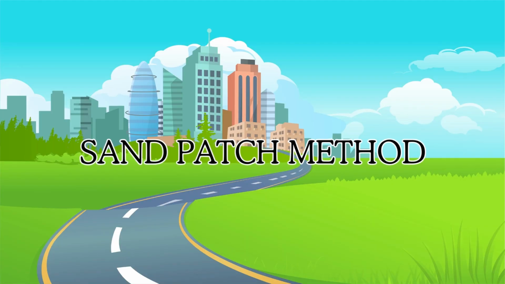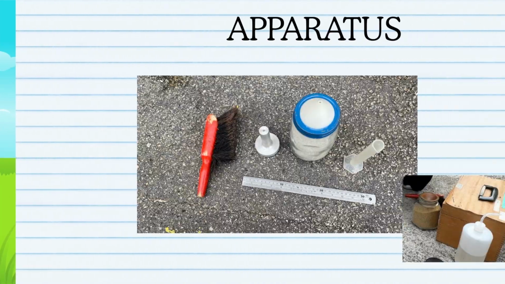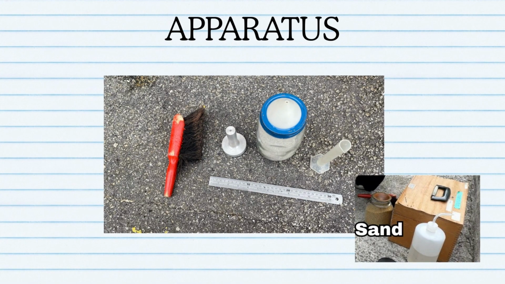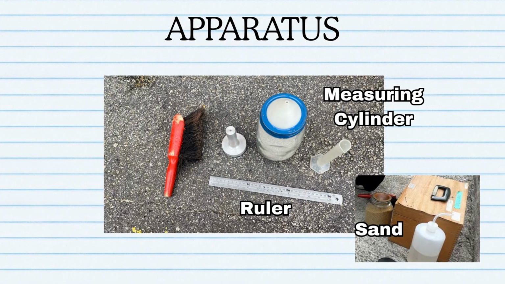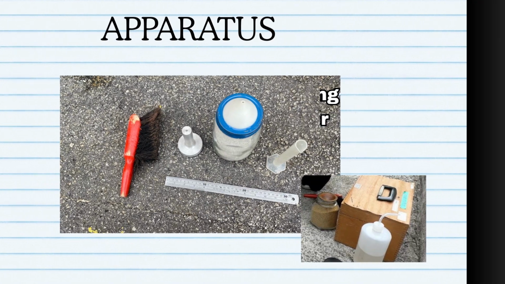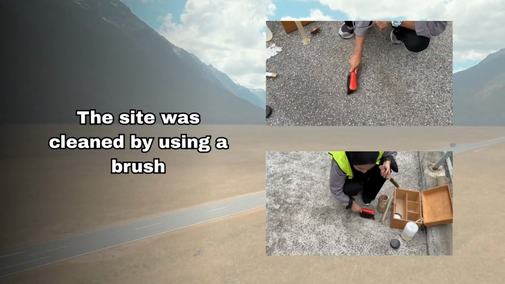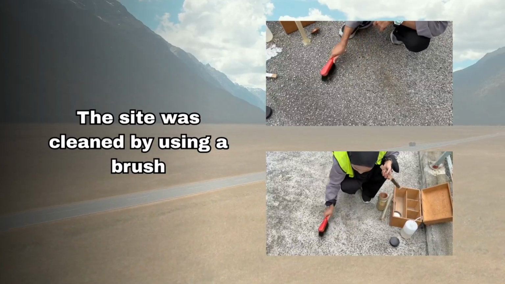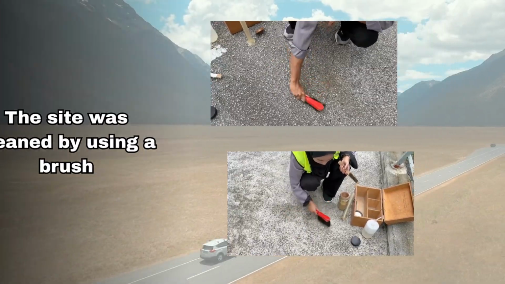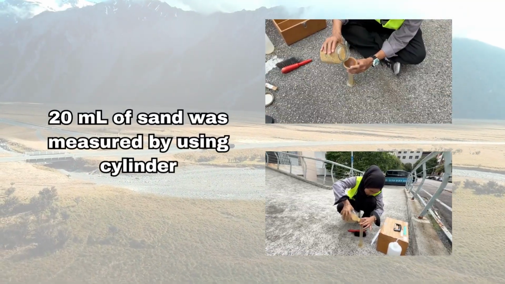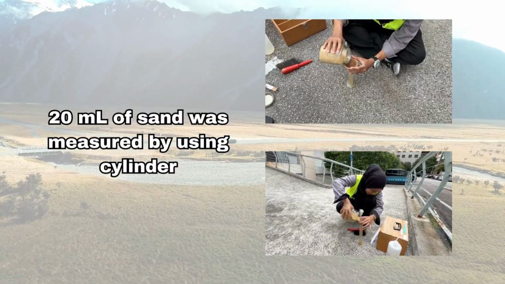Sand patch method. The apparatus required for this test is sand, measuring cylinder, ruler, spreader disc with surface covered by rubber, brush, and water. Firstly, the site was cleaned by using a brush. Next, 20 ml of sand was measured by using measuring cylinder.